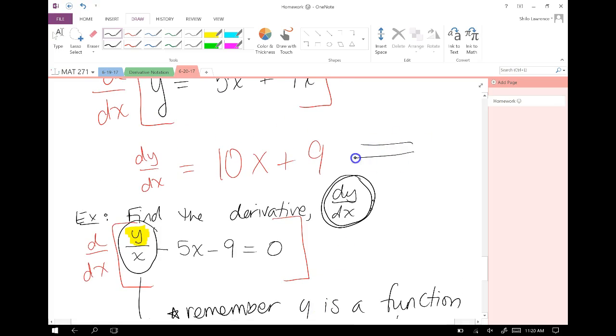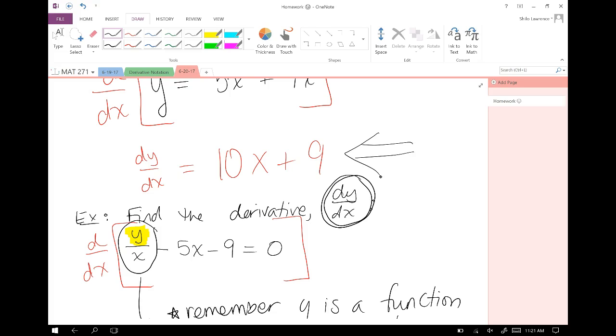There's our explicit answer. We have a y in our answer now. And that's because if the problem started implicitly with the x's and y's jumbled together, most likely the derivative is going to end implicitly with x's and y's jumbled together.